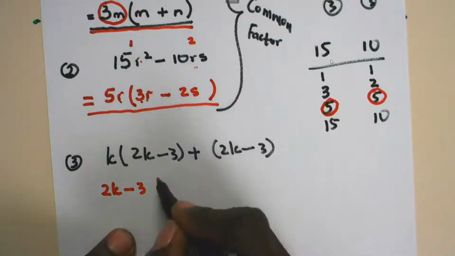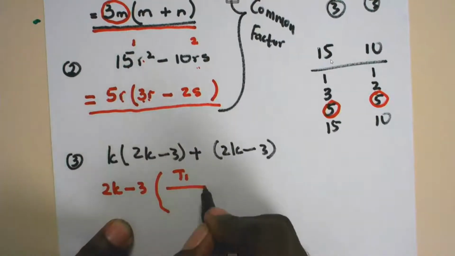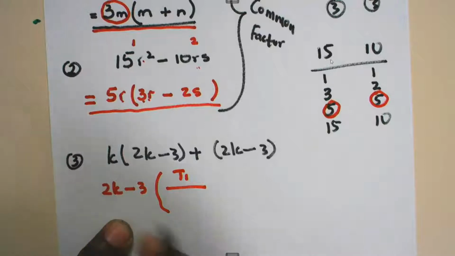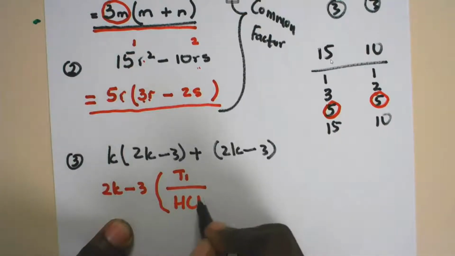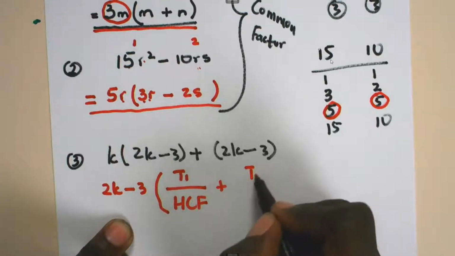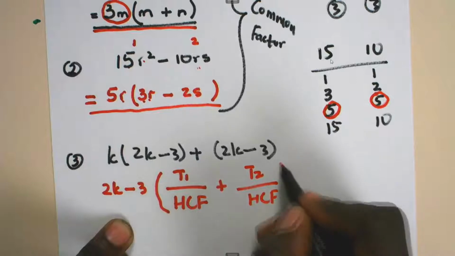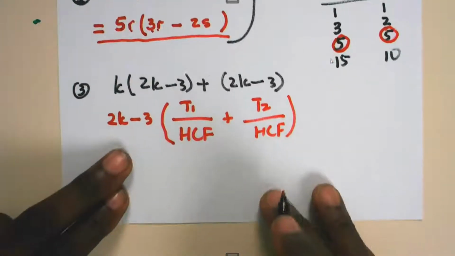Remember in the early stage when I talked about it, term 1 is divided by the highest common factor, plus term 2 divided by the highest common factor.